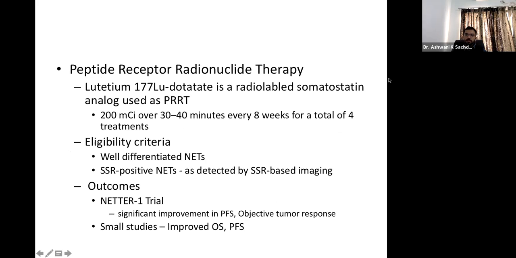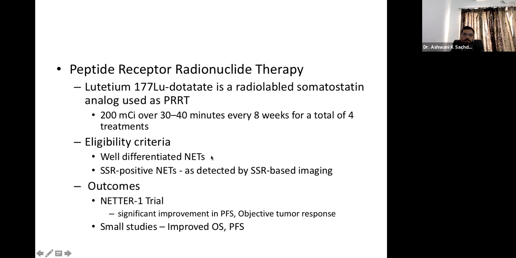Another treatment modality is peptide receptor radionuclide therapy, PRRT. In this, lutetium-177 dotatate is used as a radio-labeled somatostatin analog, and 200 millicurie is infused over 30 to 40 minutes every 8 weeks for a 4-dose treatment regimen.